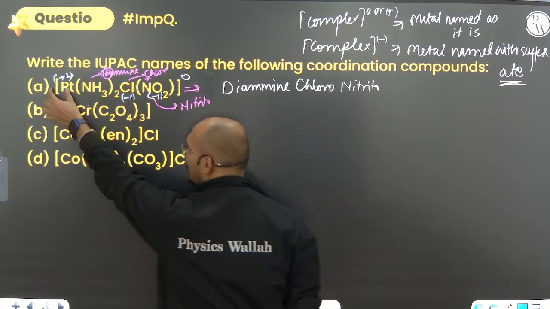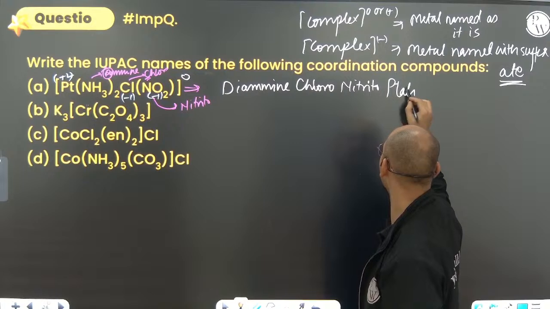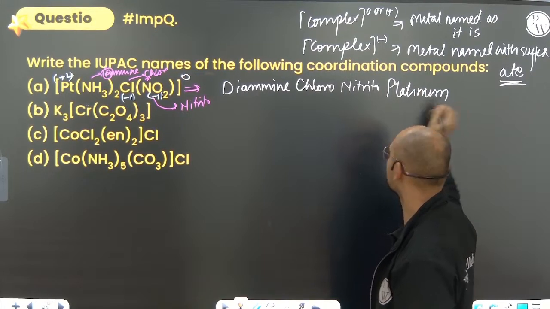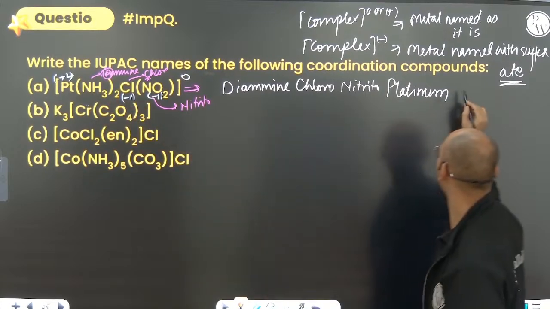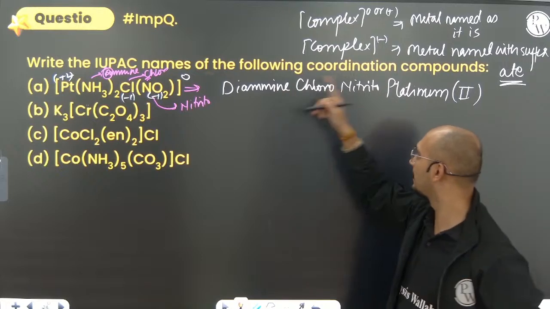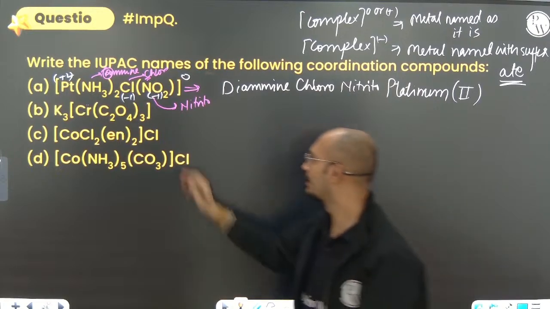Here it is called platinum because the overall charge is 0, so I will directly call it platinum. How much is the charge? 2. So in Roman numerals, write it in parentheses: platinum(II). So diamine, chloro, nitrito, platinum(II). That's it. Simple.